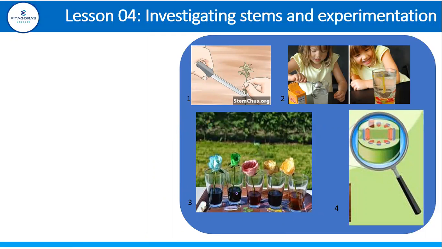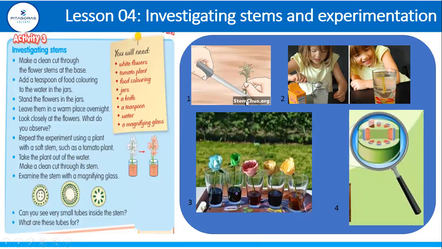So now let's see the process of this experimentation. In process number 1, we have to cut a plant. In this case, we have to cut a flower, a white flower. Then, in the second part, we have to add water. Number 1, let's remember, cut the plant.